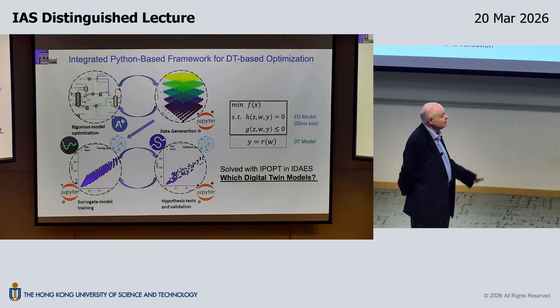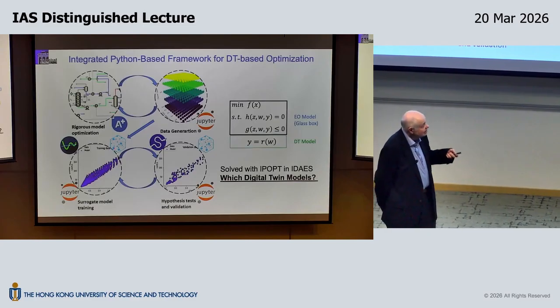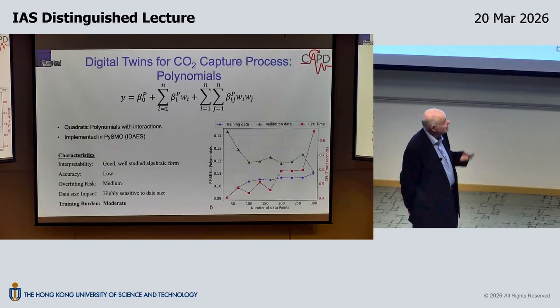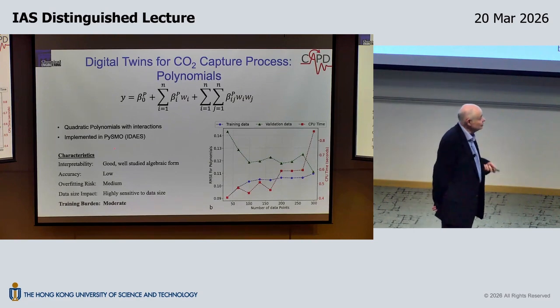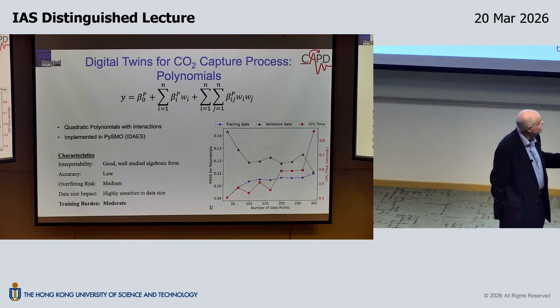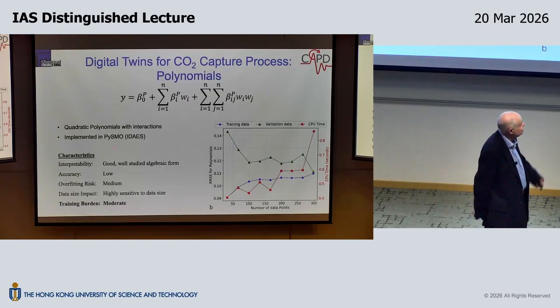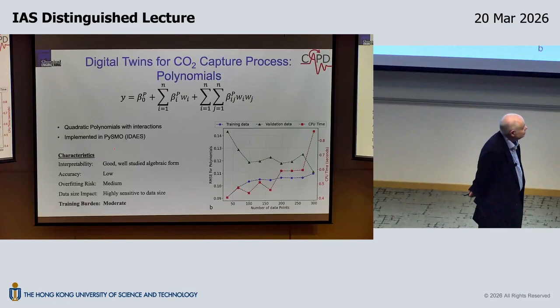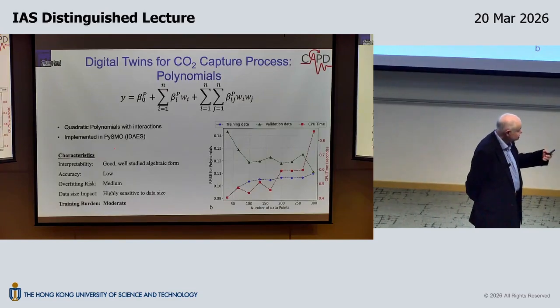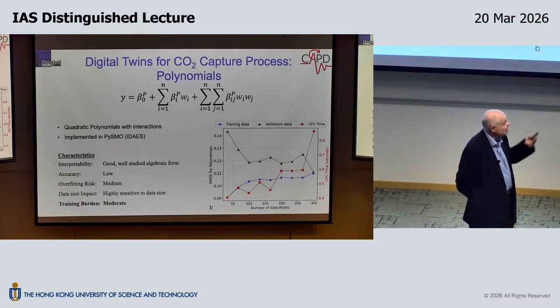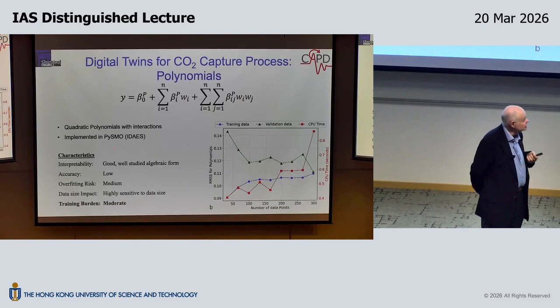So what I have here is my digital twin model, and I'm going to start with polynomials. Very simple model here. This is implemented in a package called PySMO, Python surrogate model optimizer. And what this does is simply take these inputs, quadratic polynomials, and has these characteristics, okay?